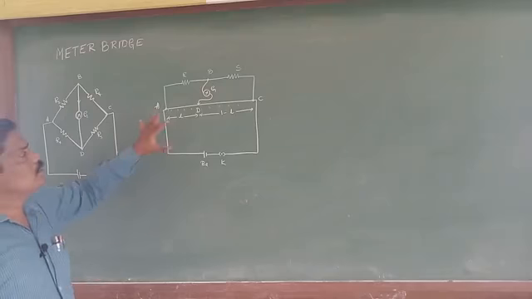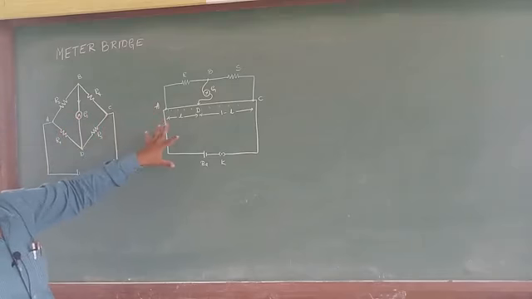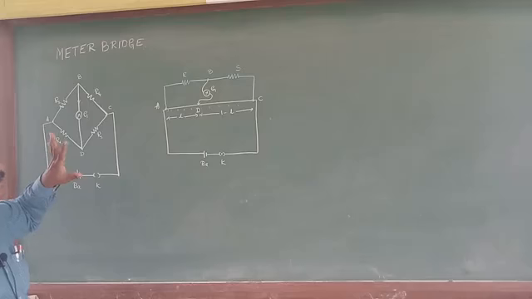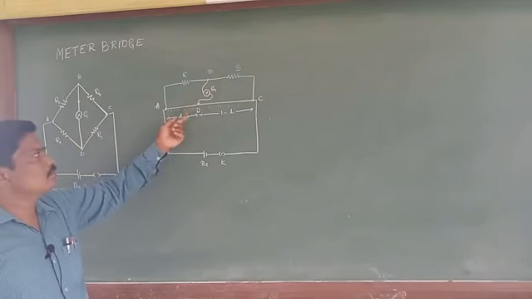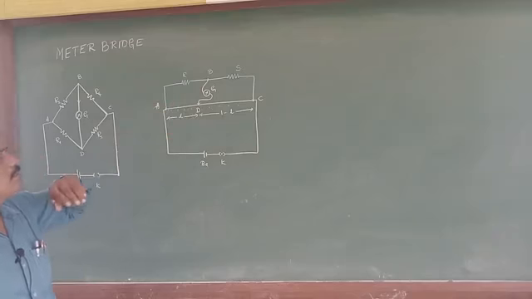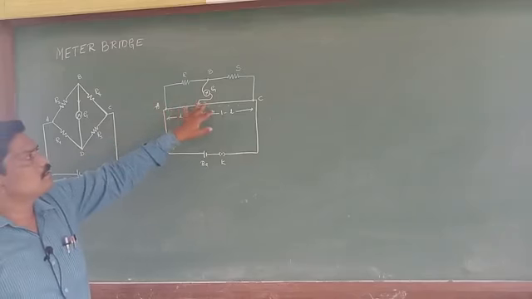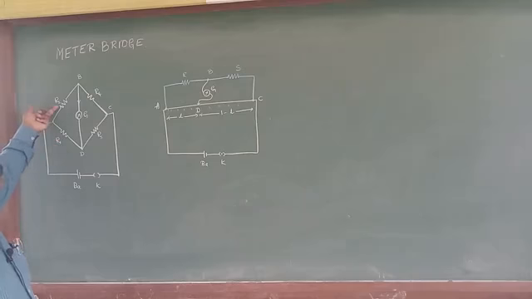It means the network becomes balanced. Suppose for some particular length the bridge is balanced, which can be identified by using the galvanometer. Then the condition is R1 by R2 equals R3 by R4.